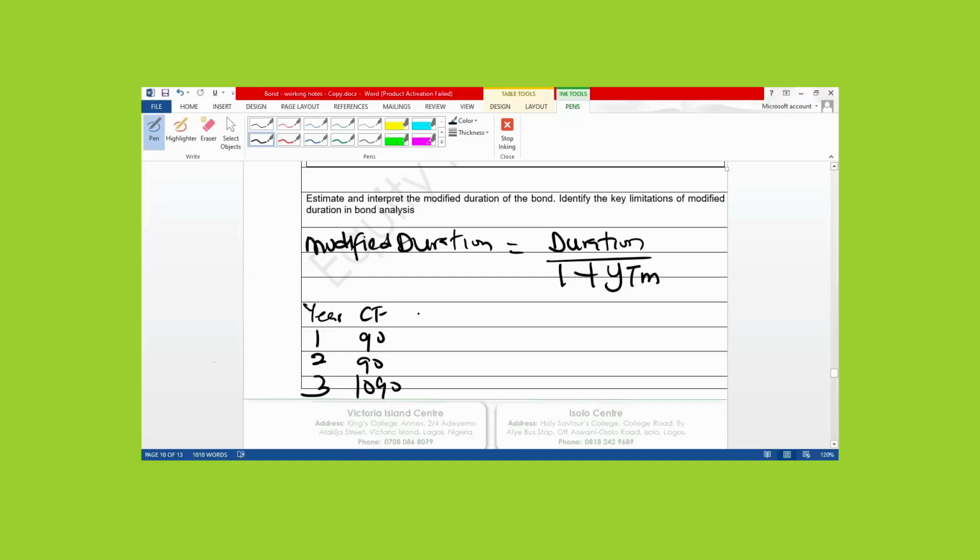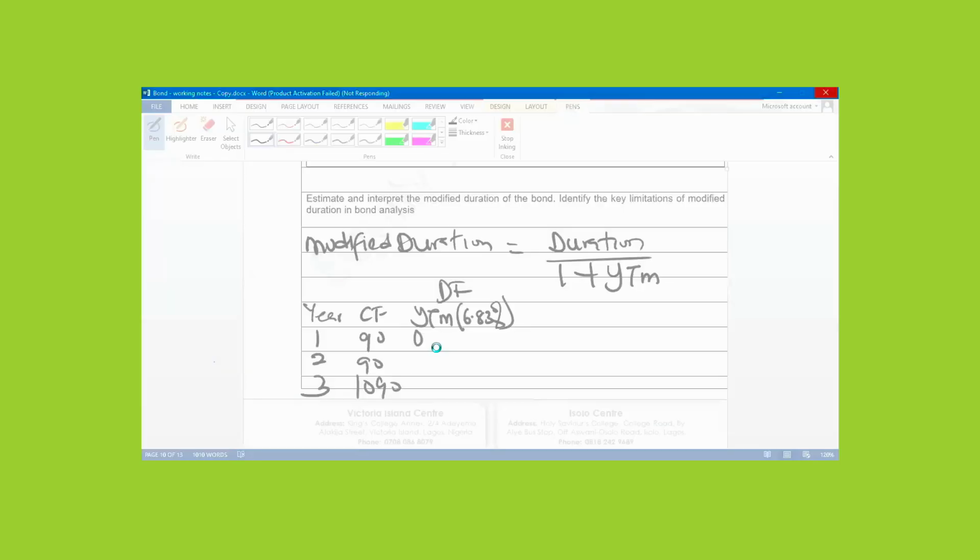Our discount rate now, YTL, 6.83%. That is the discount rate. Calculate discount factor.